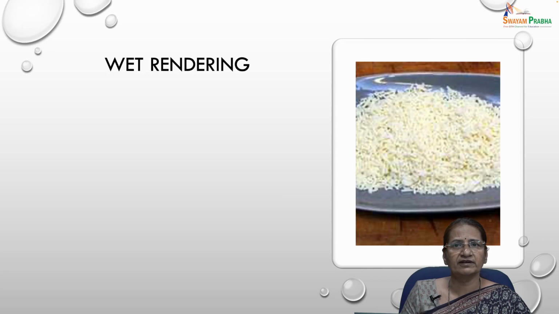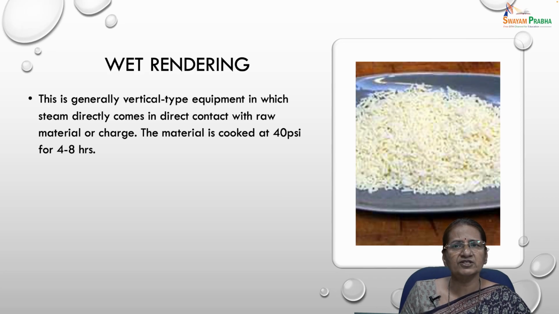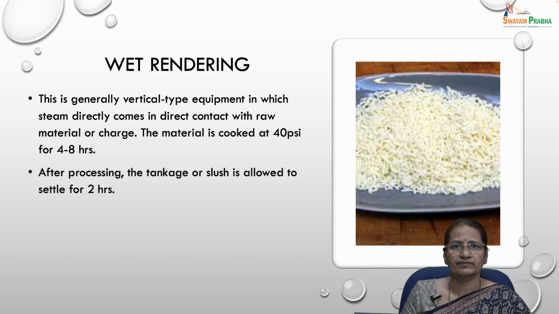Now, wet rendering. This is generally vertical type equipment in which steam directly comes in direct contact with raw material or charge. The material is cooked at 40 psi for 4 to 8 hours. After processing, the tankage or slush is allowed to settle for 2 hours.